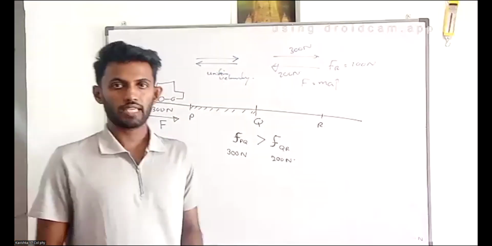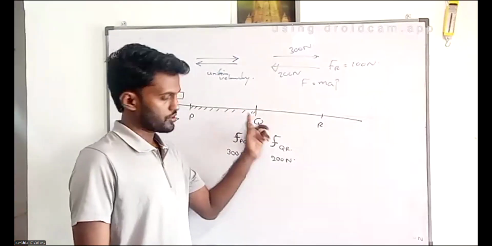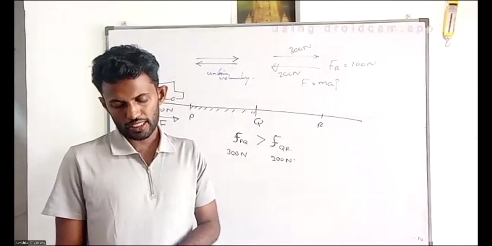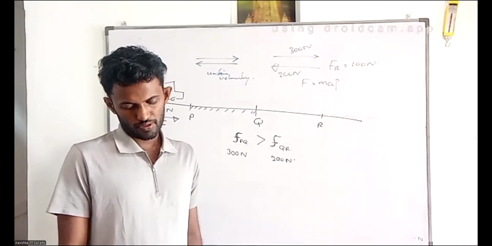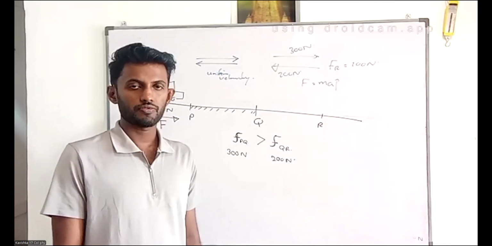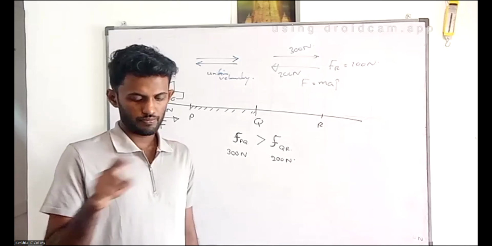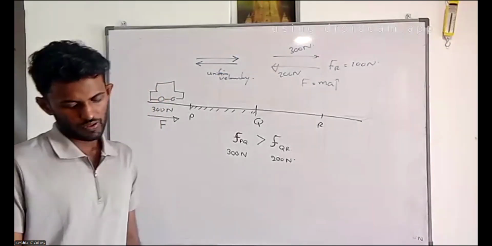So the type of motion is acceleration, and the reason is that there is an unbalanced force. The answer is applying an unbalanced force or applying a resultant force. You must write both.